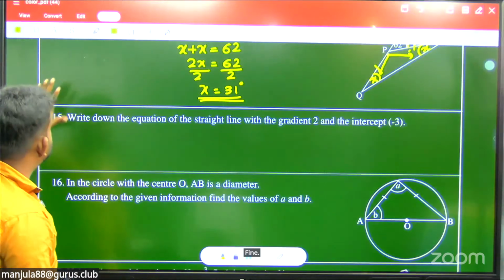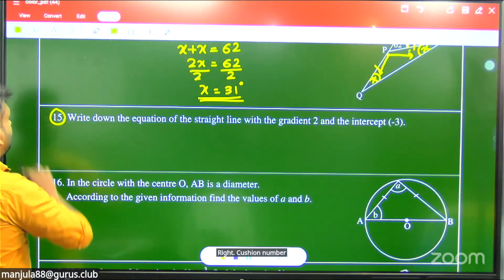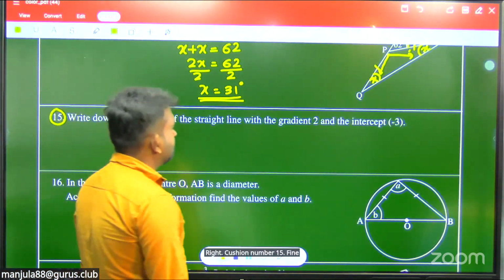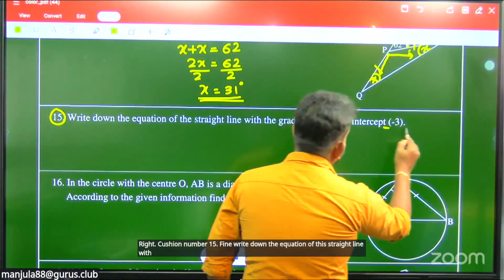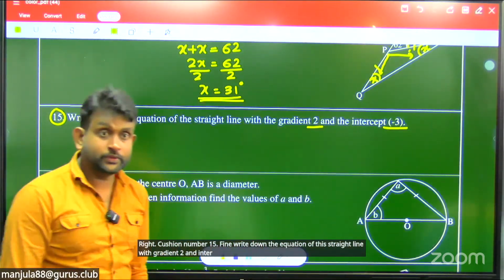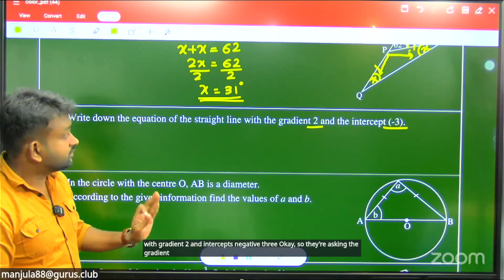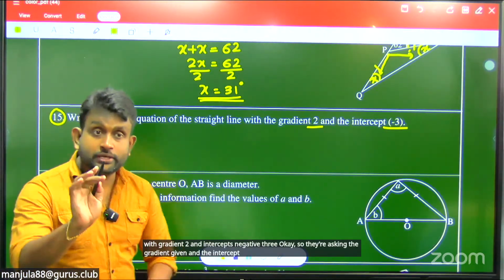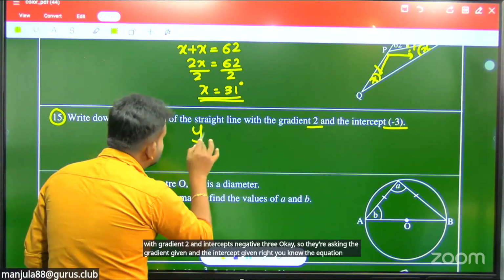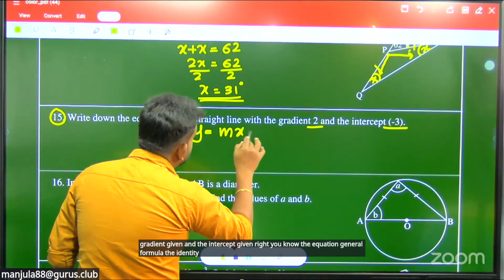Right. Question number 15. Write down the equation of the straight line with gradient 2 and intercept negative 3. So they are giving the gradient and the intercept. You know the general formula, the identity card: y equals mx plus c.